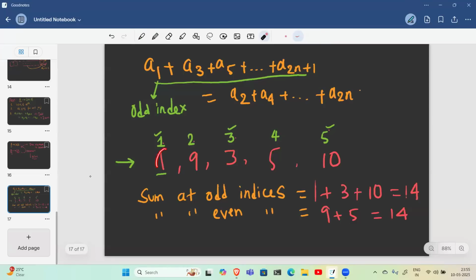So from 1, you keep on alternating one position and find the sum. That is 14. And from 9, you keep on alternating one position and find the sum. That is also 14. So both these sums should be the same. That is the third condition for A to satisfy.